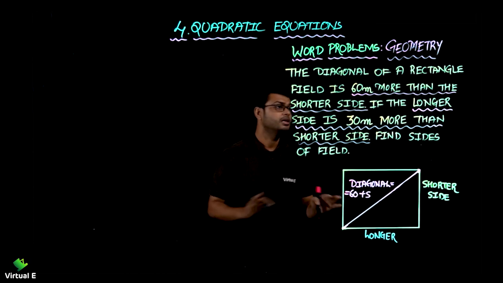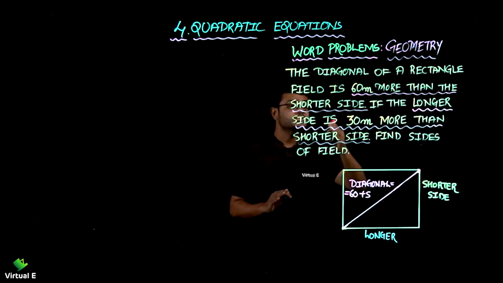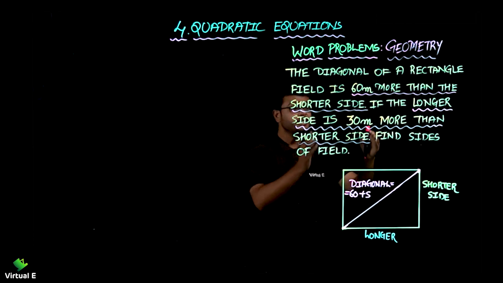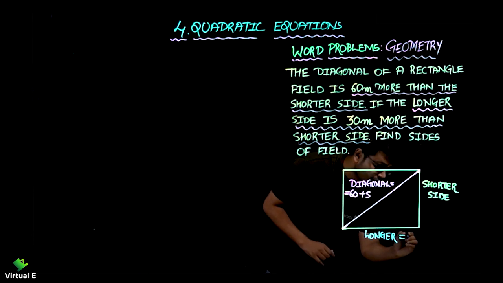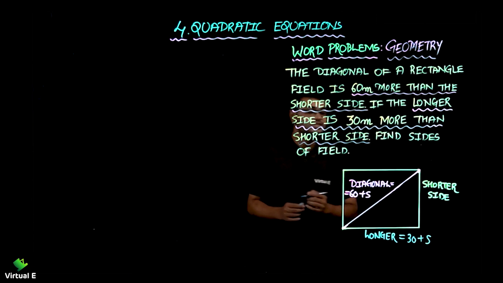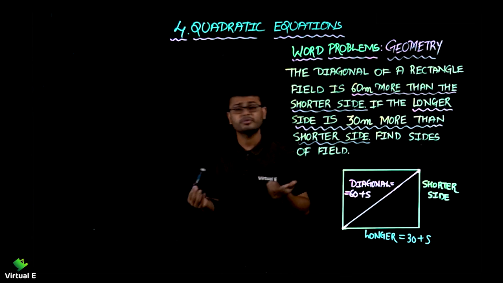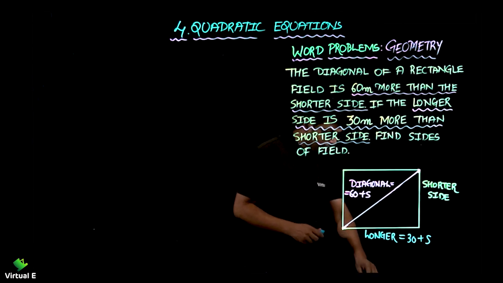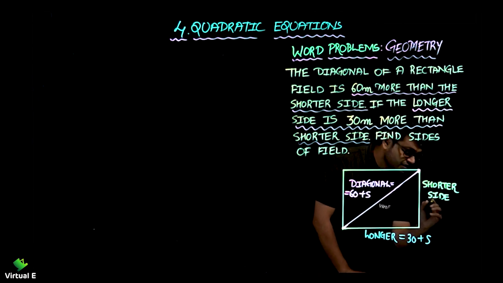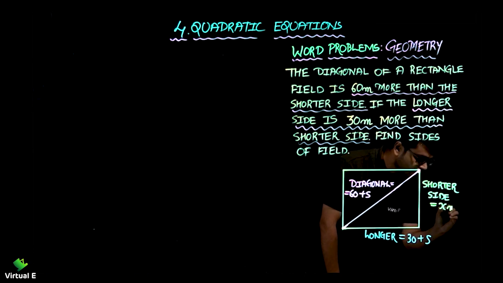Simple. Next, the longer side is 30 meters more than the shorter side. So if I want to write for the longer side, what will I write? 30 meters more than the shorter side, right? So this is the relation, and no information is given for the shorter side. So we are going to take the shorter side as x meters.